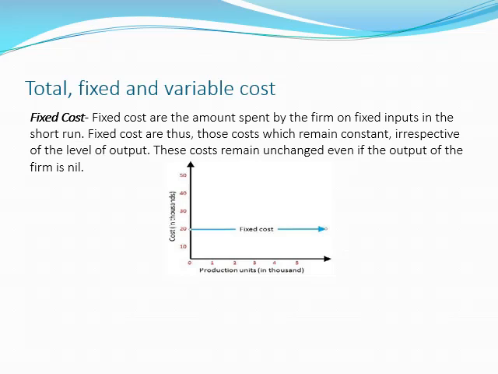Building, infrastructure, raw materials, these are known as the fixed cost. The costs remain unchanged even if the output of the firm is nil.